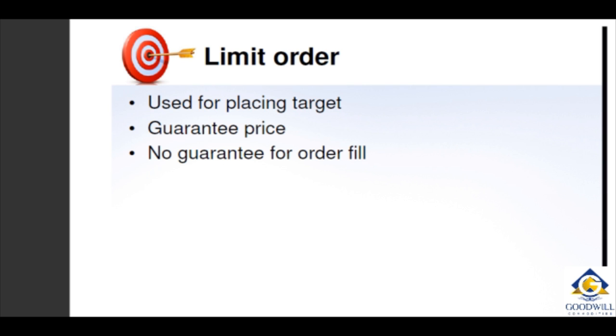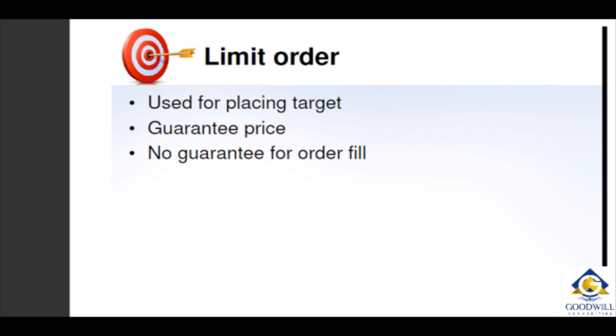For example, in the earlier case, I placed 24,400 as the target. If the price is not coming to that particular point, there are many chances that my order would not have been filled. For instance, there is some major fundamental news coming out, so the market is very volatile.